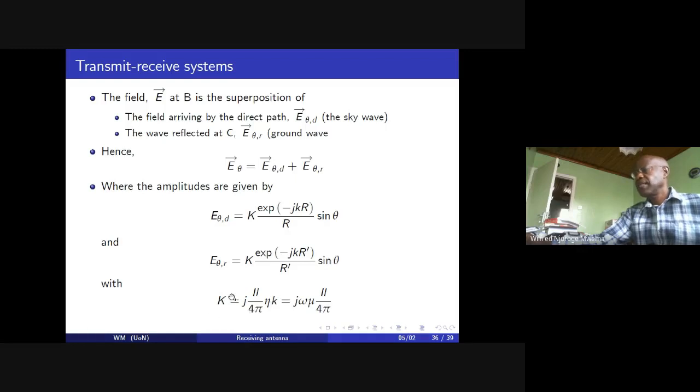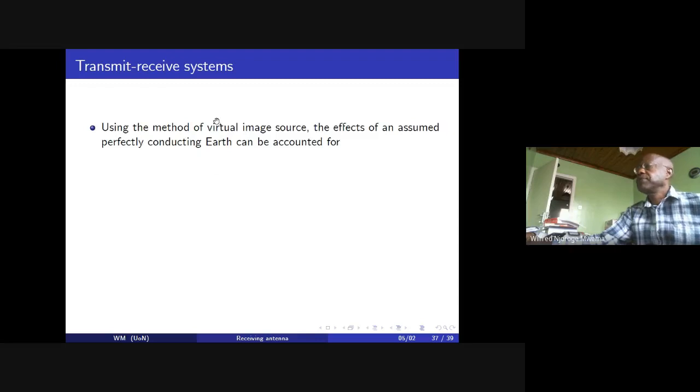And K is of course the function we had when we were looking at a dipole. Here we are using an electric dipole to give us that value. So using the method of virtual image sources, the effects of an assumed perfectly conducting earth can be accounted for.